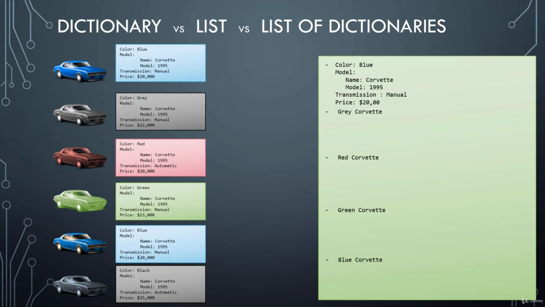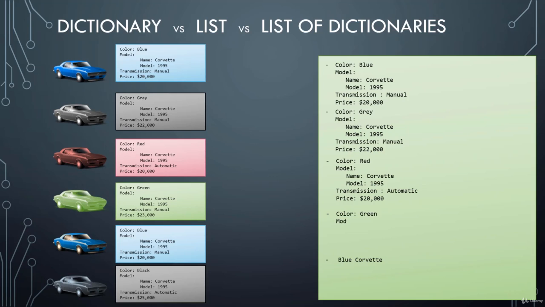This way, we are able to represent all information about multiple cars in a single YAML file using a list of dictionaries. So that's the difference between dictionary, list, and list of dictionaries. I hope you understood the difference between the three and when to use each of these.